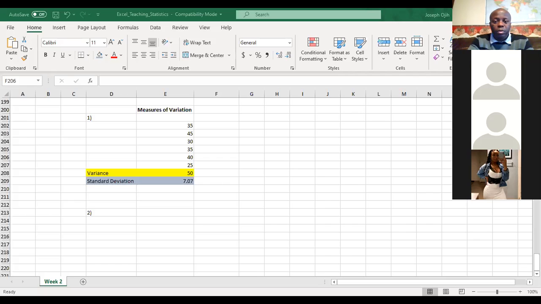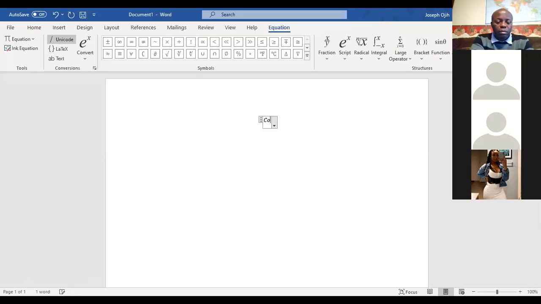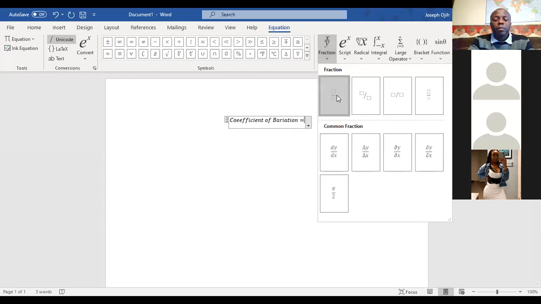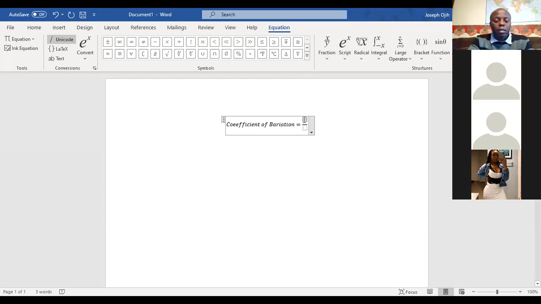So let me write it down. The coefficient of variation. The formula is the standard deviation divided by the mean, times 100.